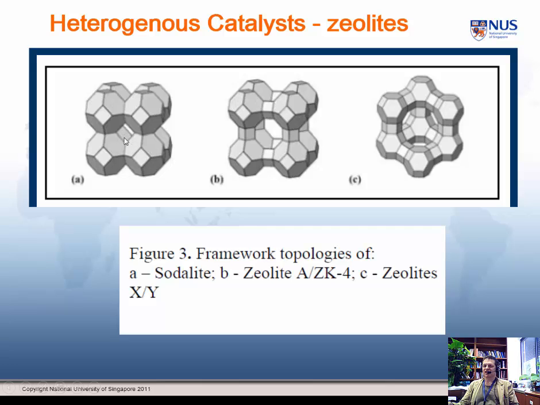And they're differentiated. They're all made up of sodalite cages, but they're assembled differently. Okay, what I'd like to do now is go back to the slide we were looking at a moment ago, and look at a couple of other types of structure.